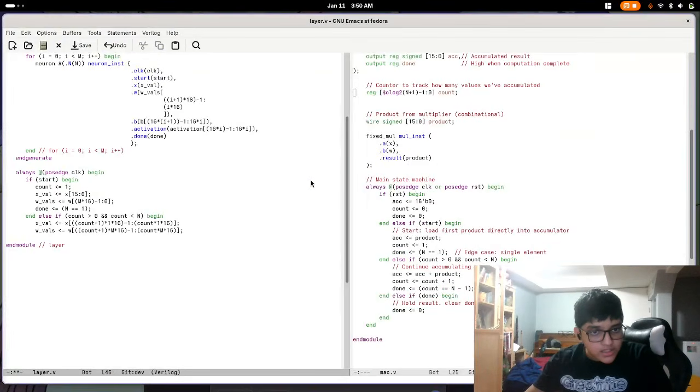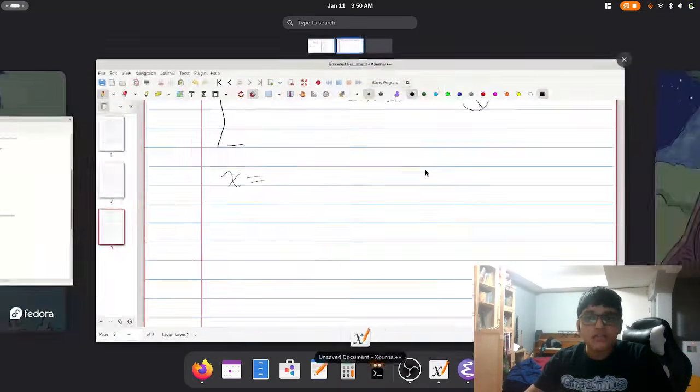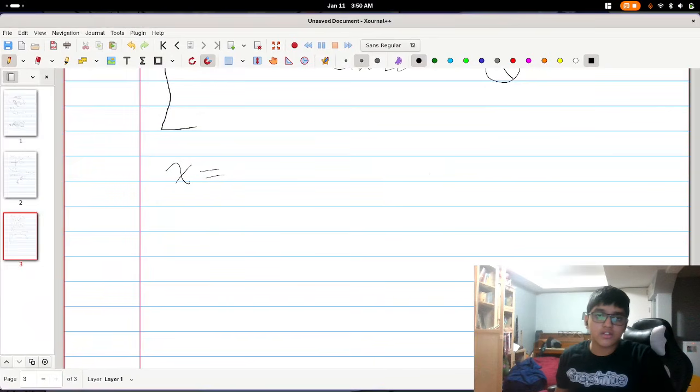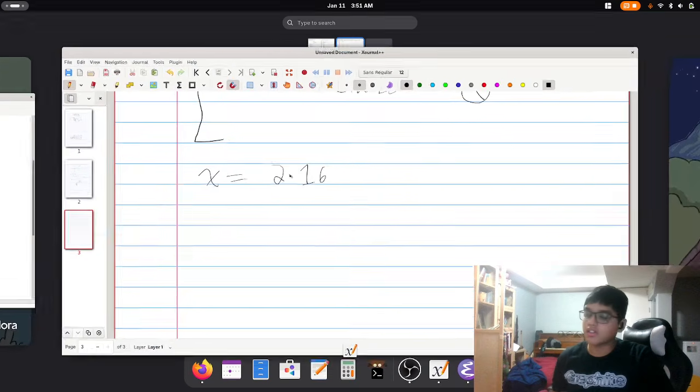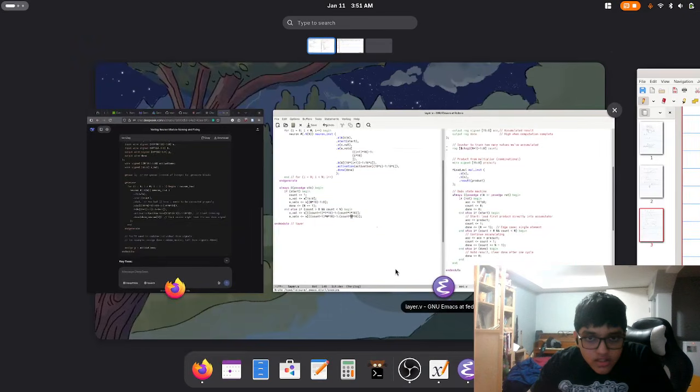So that's count plus 1 times 16. Counts is 1, so that's 2 times 16 bits.